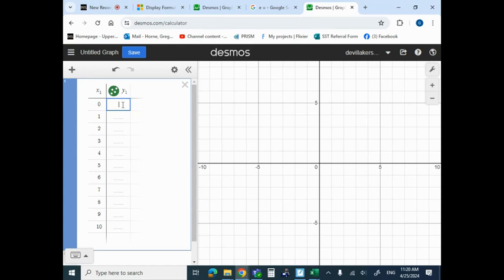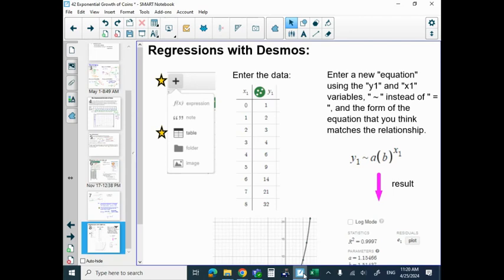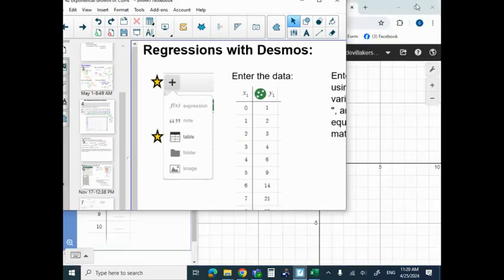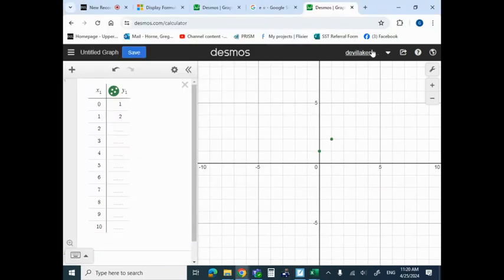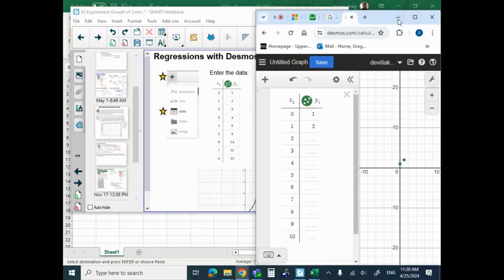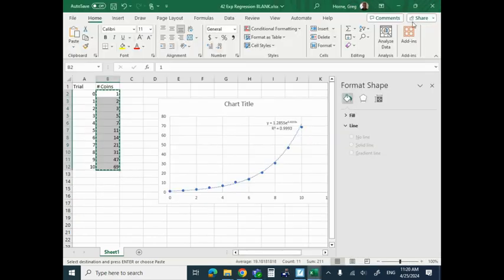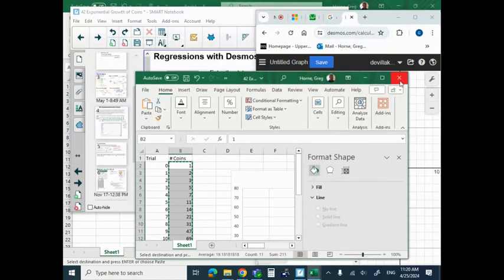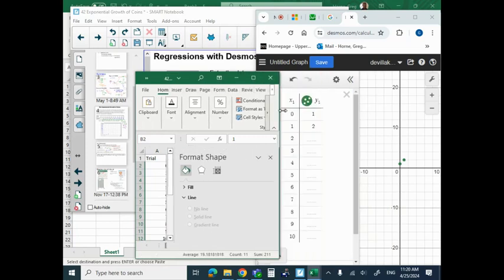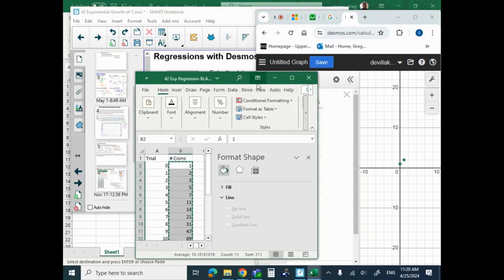Nah, it's not letting me. All right, so we had 1, and then we said 2. Like that. And I want to see the spreadsheet as the other, see the screen at the same time here.